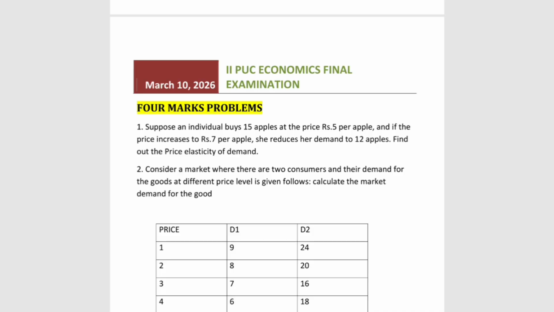Find out the price elasticity of demand. So if they are going to be asking a problem from the theory of consumer behavior, this question is very, very important. What they are asking is to find the price elasticity of demand.